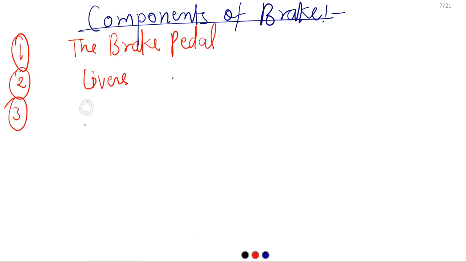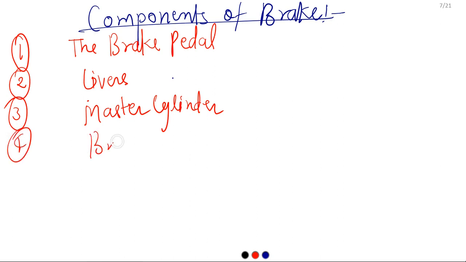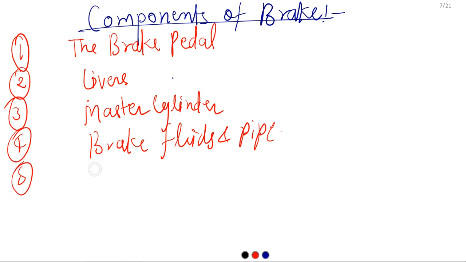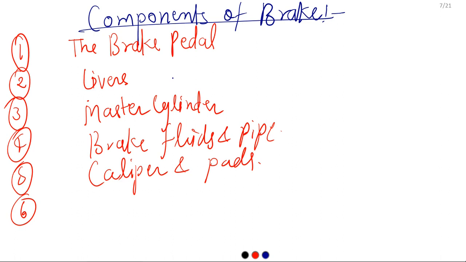Third one, master cylinder. Fourth one, brake fluids and pipe. Fifth one, caliper and pads. Sixth one, disc.